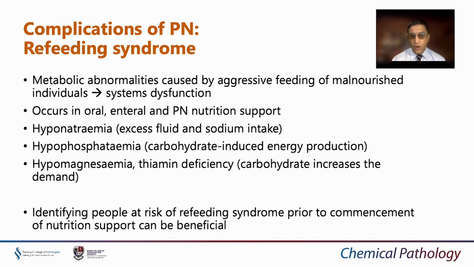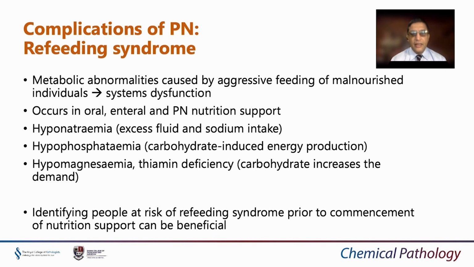It occurs in oral, enteral, and parenteral nutrition support. There are various biochemical abnormalities that are evidenced: hyponatremia, hypophosphatemia, hypomagnesemia and thiamine deficiency. These need to be monitored for and corrected accordingly.